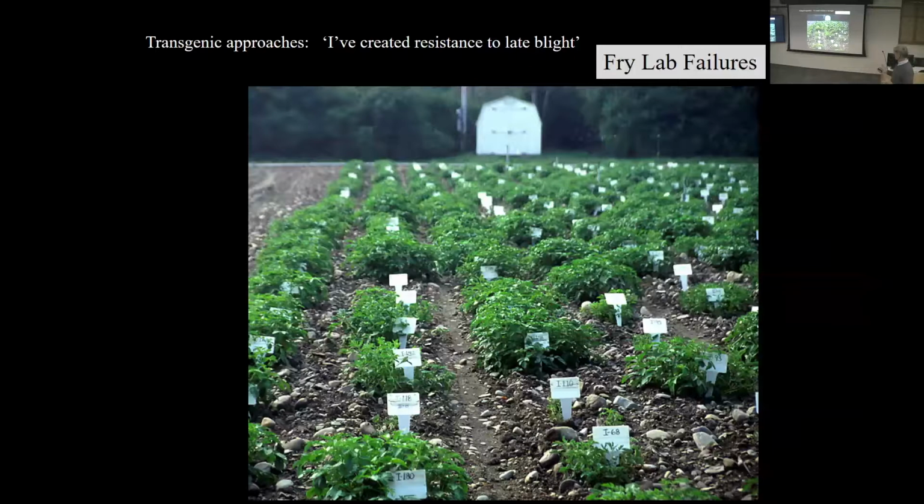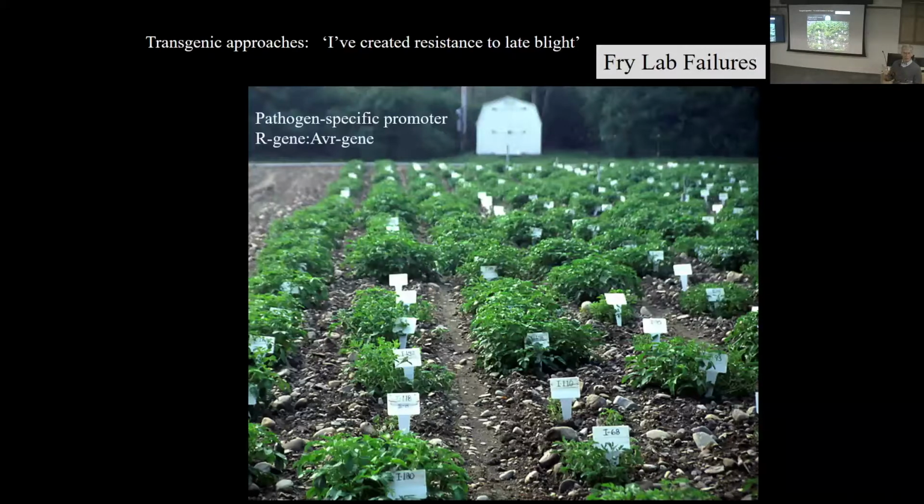And so this is a picture of that experiment. There are about 100 different transgenic events or transformative events in this experiment with lots and lots and lots of replication. I think the technology was that there was a pathogen-specific promoter linked to an R gene and an AVR gene.